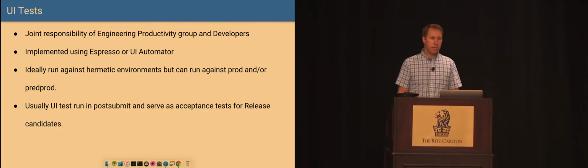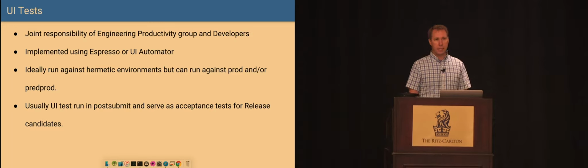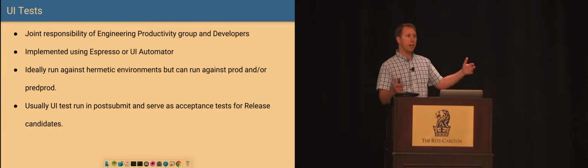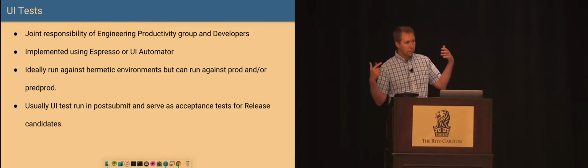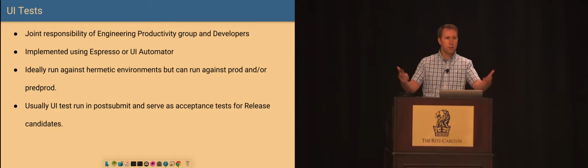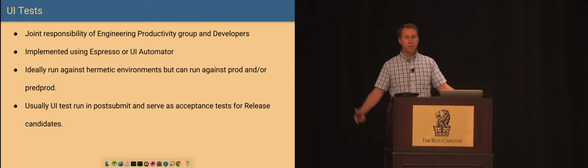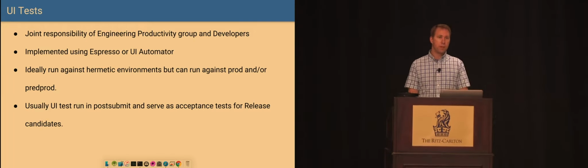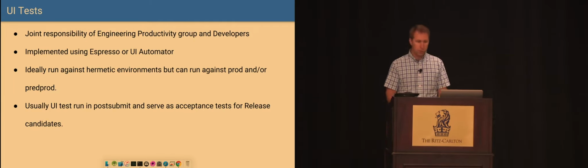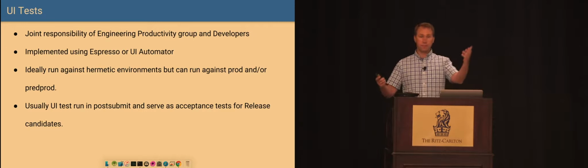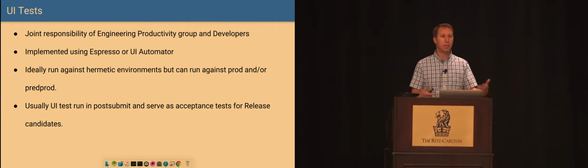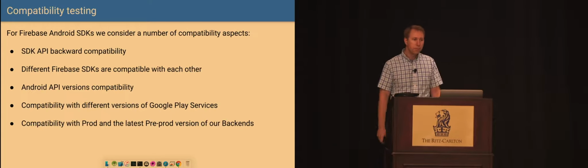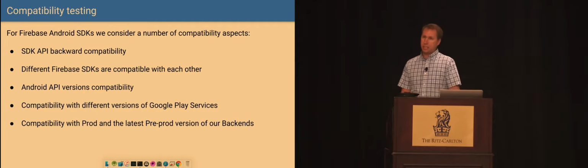And we use them as acceptance tests for release candidates, meaning that's a final step to make sure that what we are going to ship to our customers, all of you developers, is actually working the way it's supposed to work. And you would be using it for app development, right? So we should be using it as part of apps. Compatibility testing.